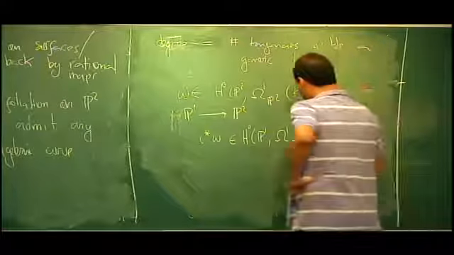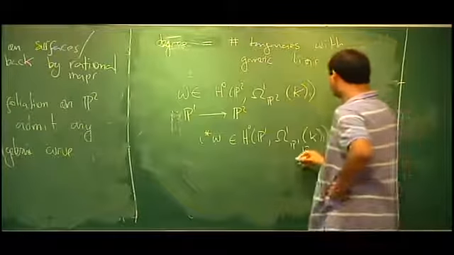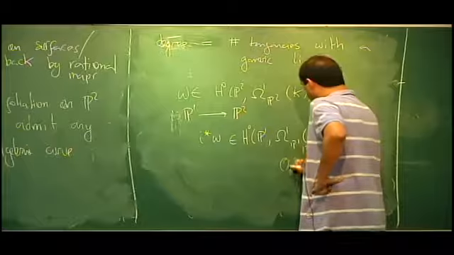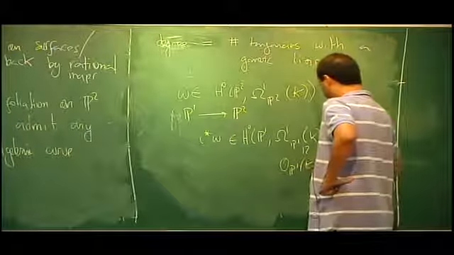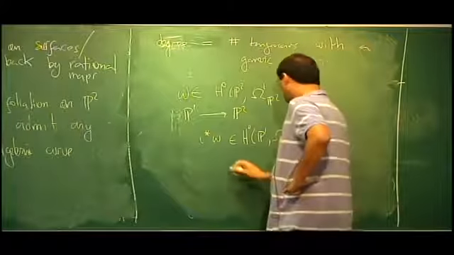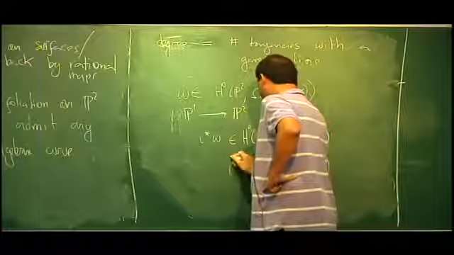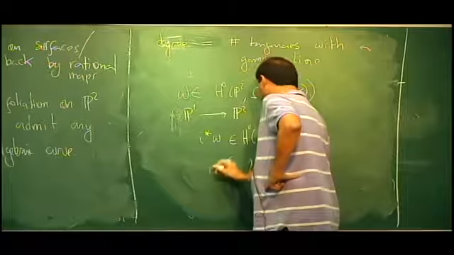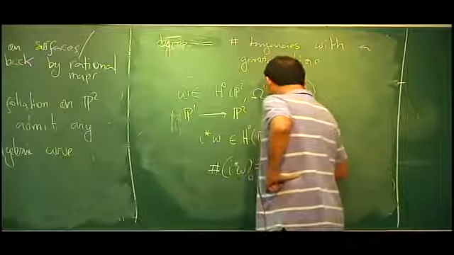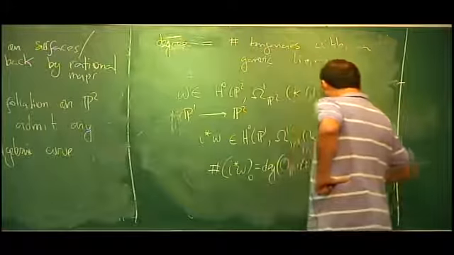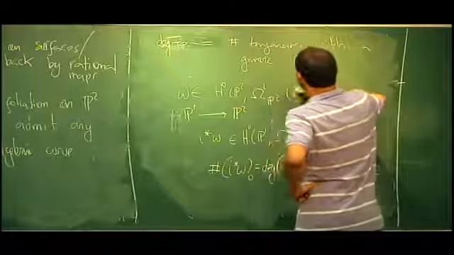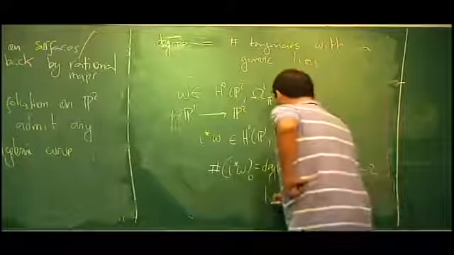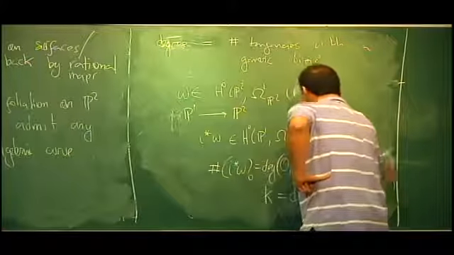But then, omega 1 of P1 is O(-2), so this is O(K-2). Now I'm looking at the zeros of this, and the cardinality is just the degree of this, which is K minus 2. In other words, a foliation is defined by a section with K equals D plus 2.